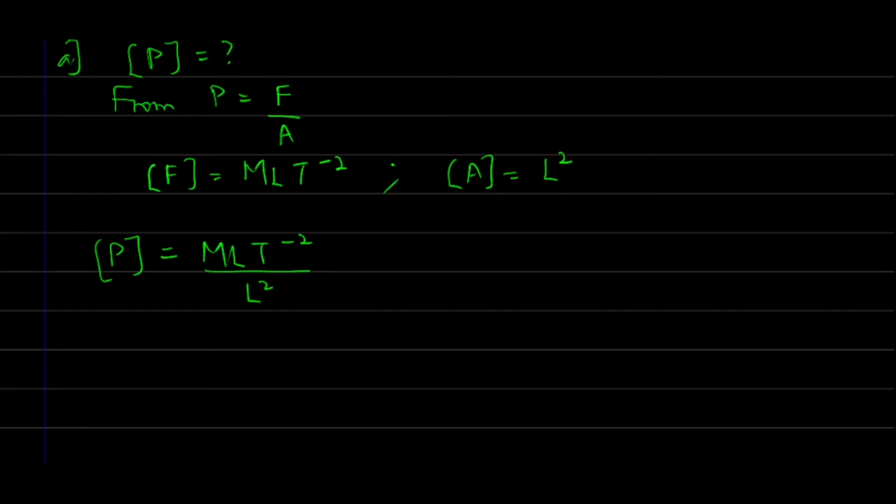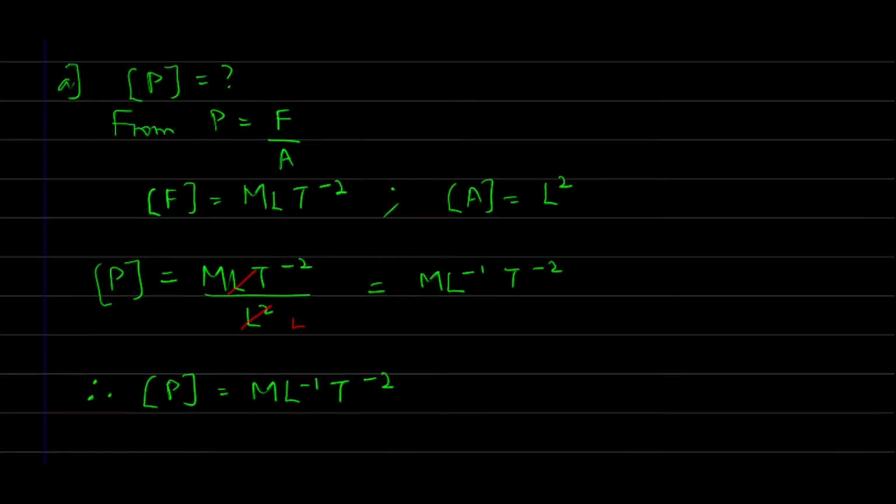Since we only have one L, we cancel out and will be left with one L in the denominator, which becomes L raised to the power minus 1. Therefore, the dimension of pressure is equal to M L minus 1, T raised to the power minus 2. So we have obtained the dimension of pressure.